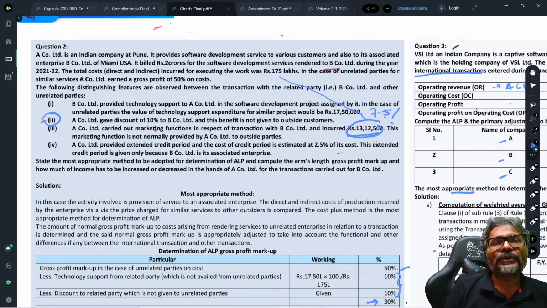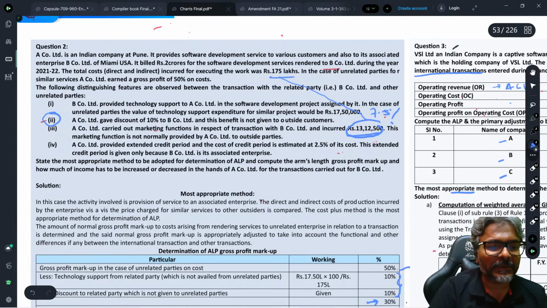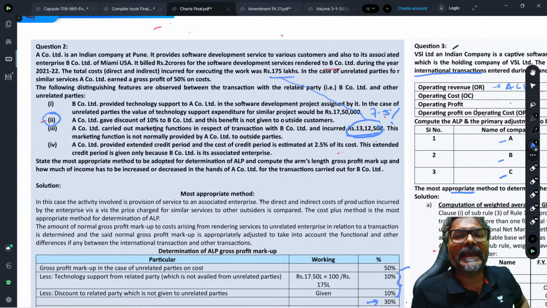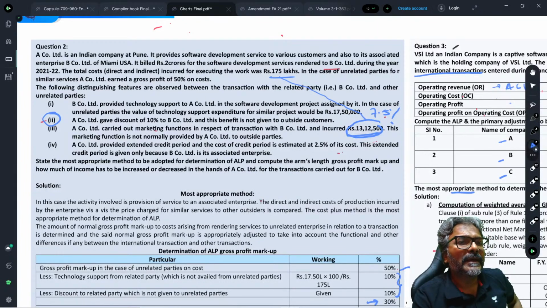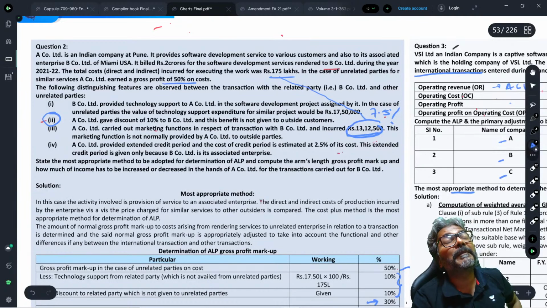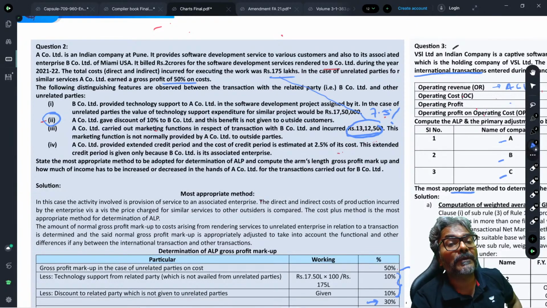That is what you need to always ensure. So let's have a look over here. The cost given to you is 175 lakhs. In the case of unrelated parties, for similar services, A Company Limited earned a gross profit of 50 crores. So the comparable margin has been given to you as 50% of the cost.